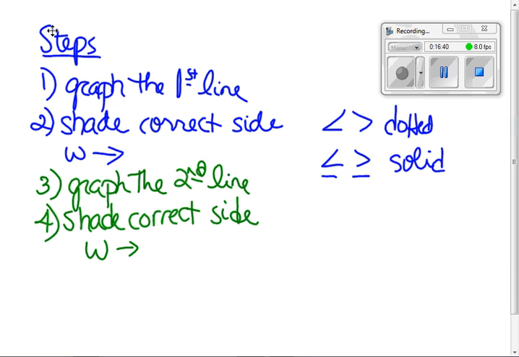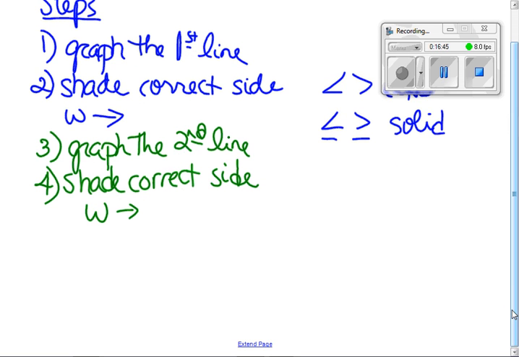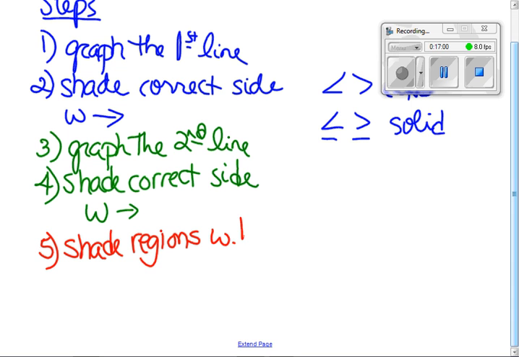And last but not least, answer the question. Then you shade the regions that have both arrows. They'll look like that. I have highlighters. If you like to have a neat paper and want to use highlighters, it's fine.